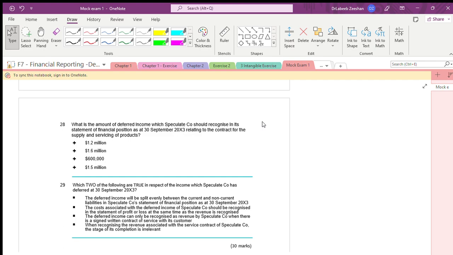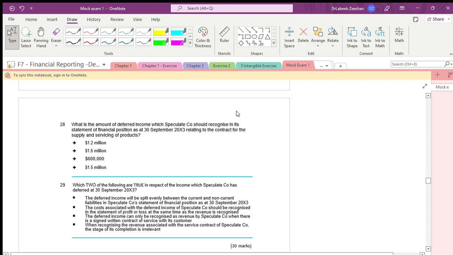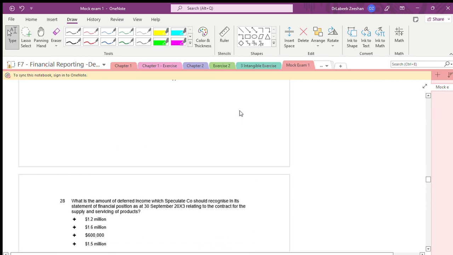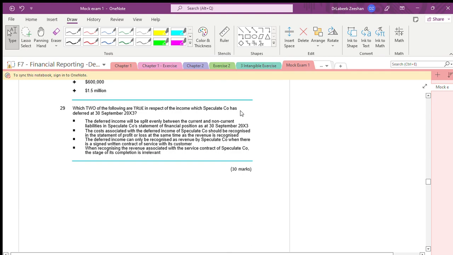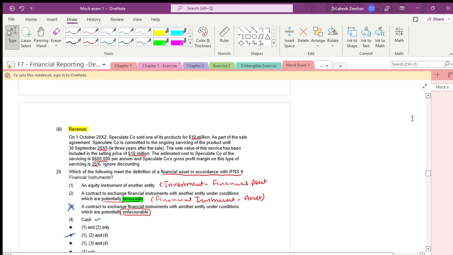What is the deferred income which Speculate company could recognize in the statement of financial position relating to the contract for the supply of service and products? This is question number 28.